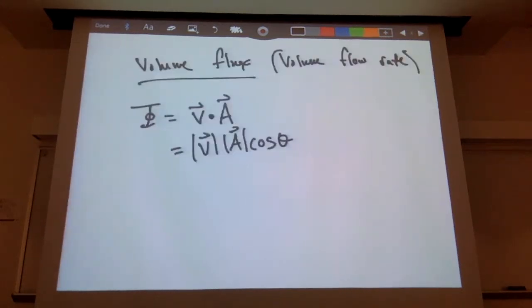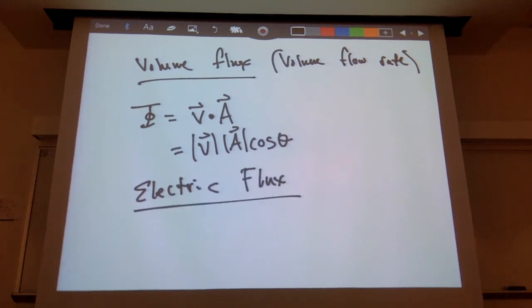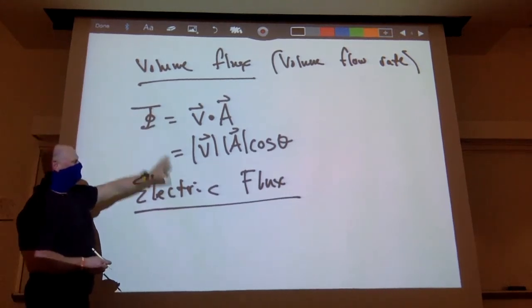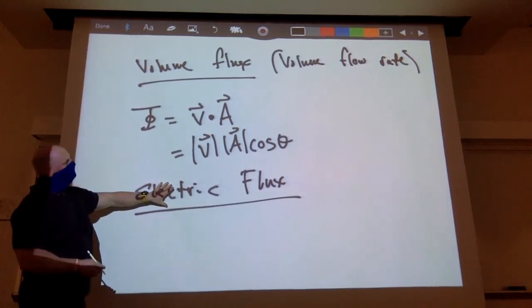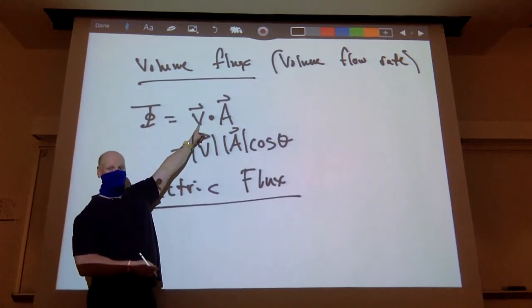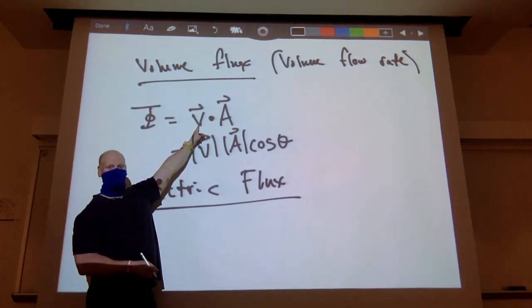From here, we can now define what's known as the electric flux. If we use the volume flux as our reference, electric flux is the same thing, except now instead of velocity vectors, I have electric field lines.